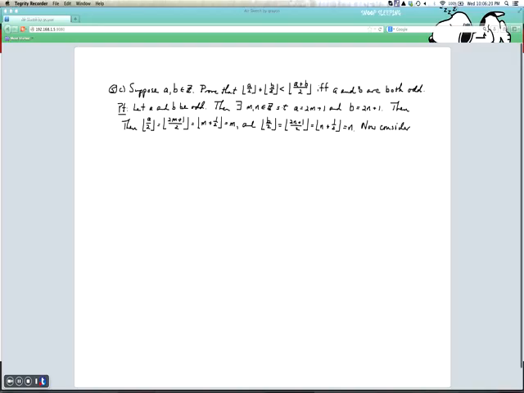Now consider the floor of a plus b over 2. So this is 2m plus 1 plus 2n plus 1, all over 2, quantity floor.